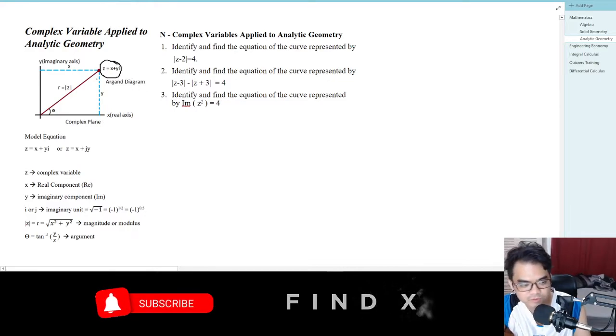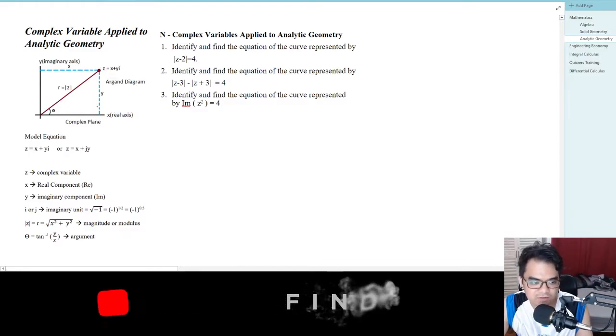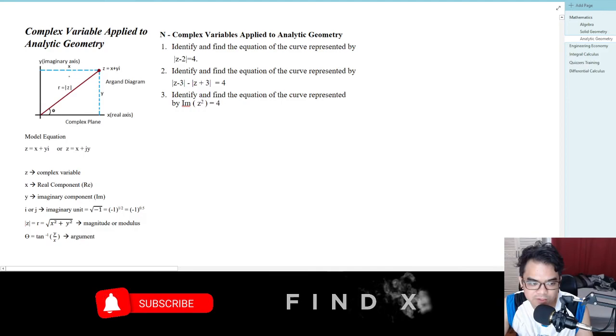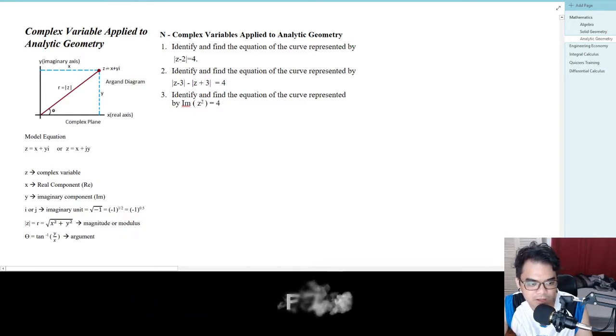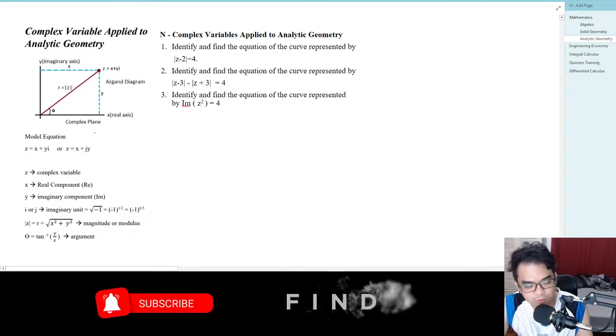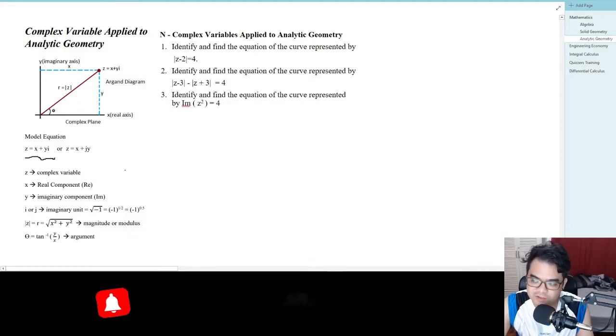Of course, the x-axis, or the real axis, will be your x, and your y-axis will be your imaginary axis. If you want to get the magnitude of this point, all you have to do is take the Pythagorean of the triangle that you will be able to form. So you'll have here the rectangular form equation, which is z equal to x plus yi, or z equal to x plus jy.